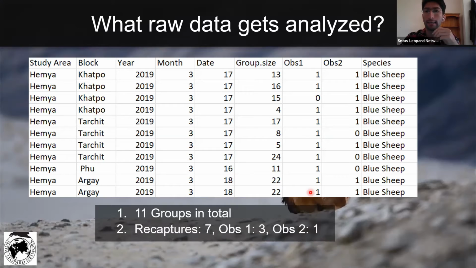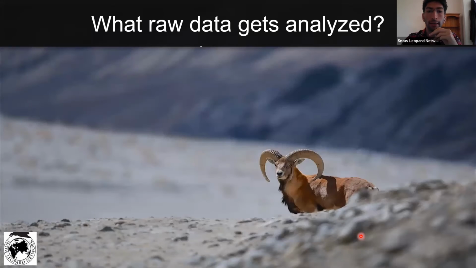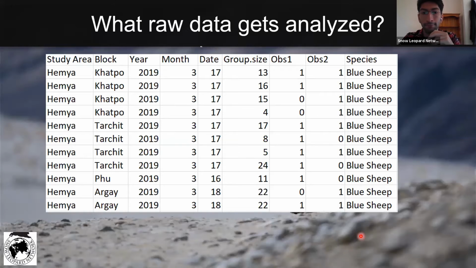Again, it's the data from India, for blue sheep. There are these different group sizes, and these capture-recaptures. Just to quickly recall, there are 11 groups in total, 7 recaptures, observer 1 captures 3 unique groups, and observer 2 captures 1 unique group. While I analyze this, I will also run it for this other data set.